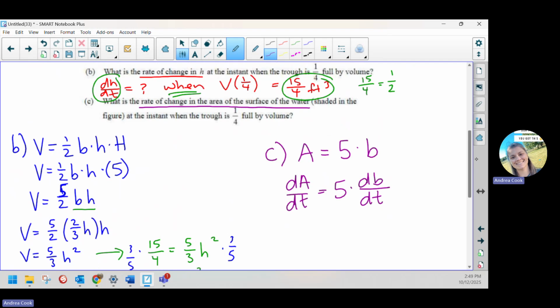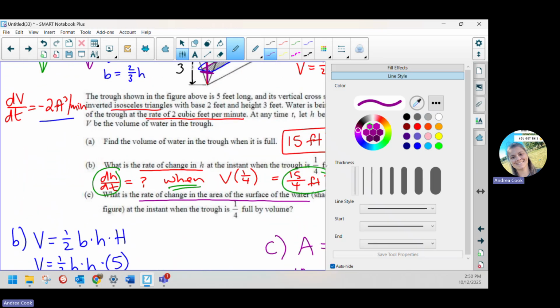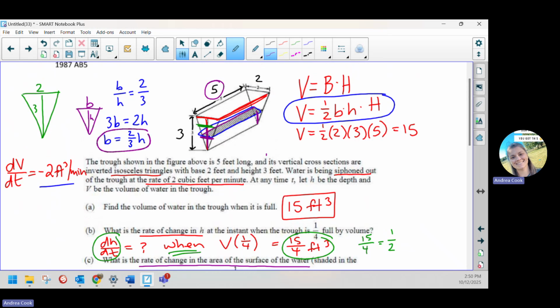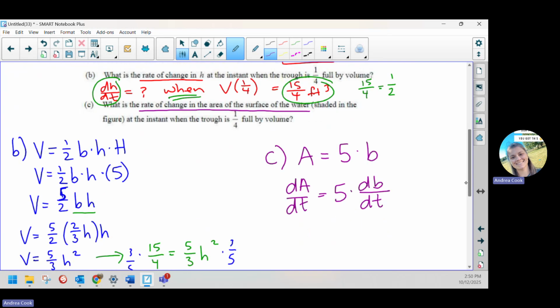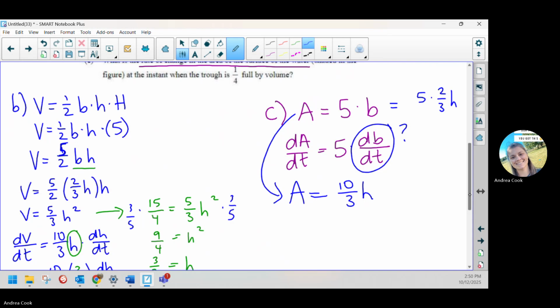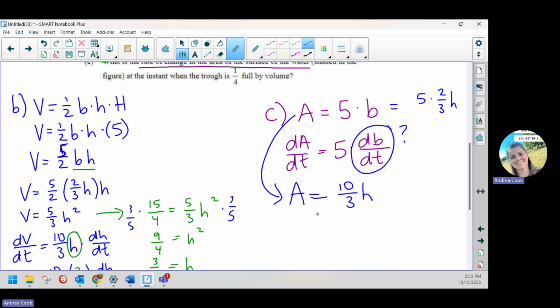So we might need to come up here, and instead of using B, let's use what B is, 2/3 H. So this is really 5 times 2/3 H. I'm going to change my area formula to be 10/3 H. I just used the triangle's proportions.